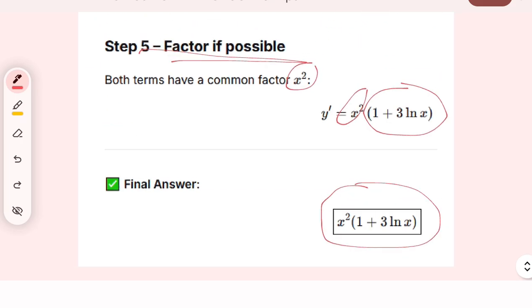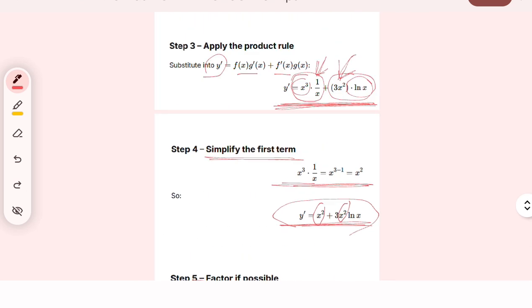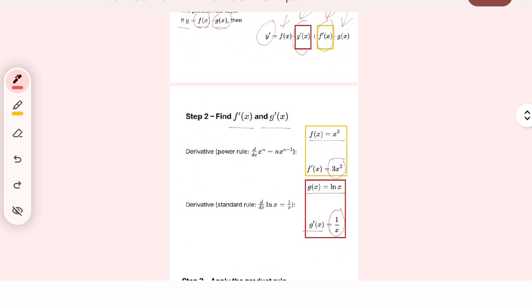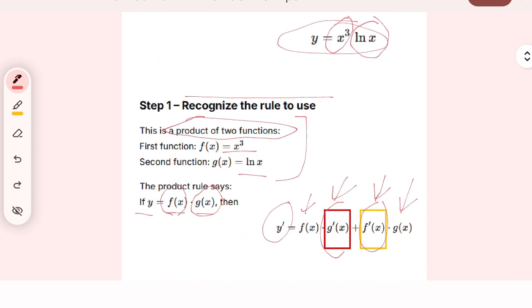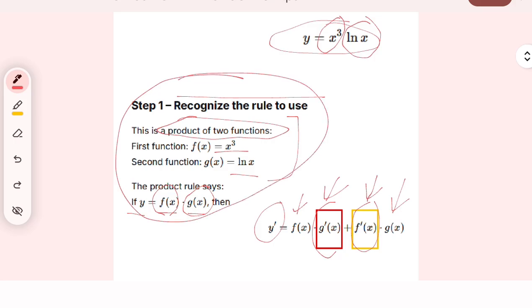It's easy, right? So again, how did we solve using the product rule? The first thing is we need to recognize what is present in the given and know exactly whether it is the rule that we could apply. In this case, we identified that it is a product rule because we have x cubed and another function, ln x, multiplied.